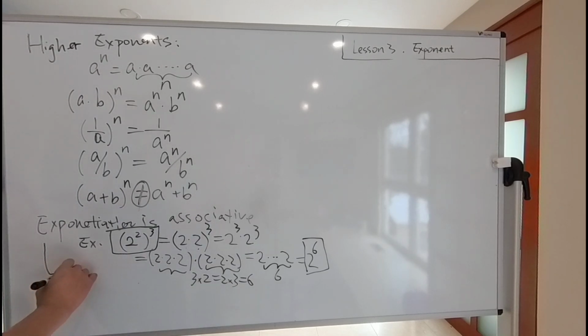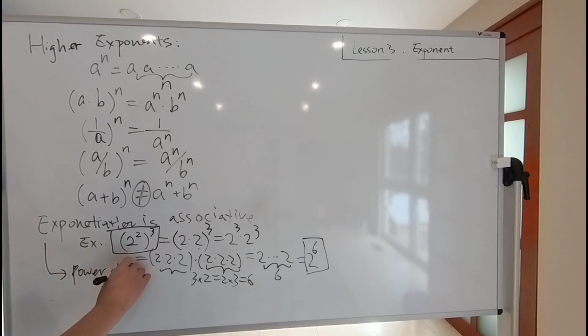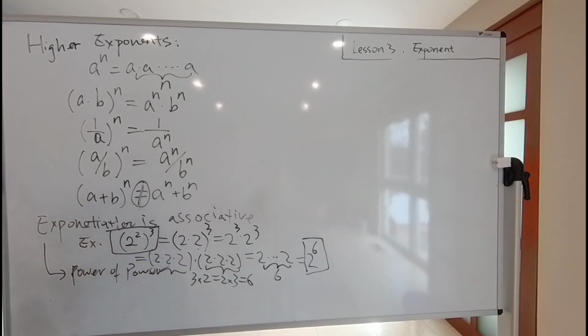So this is associative, and this can be written as the conclusion: if I have a to the nth power and then further raised to the mth power, where n and m can be any powers, this is equivalent to a to the power of n times m.